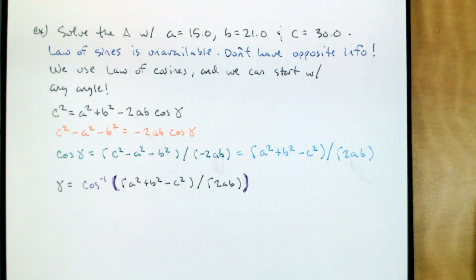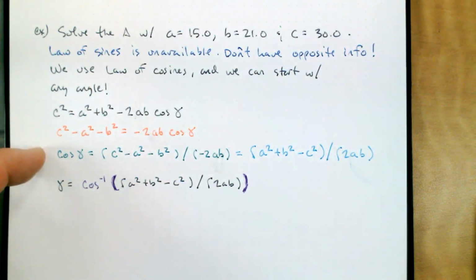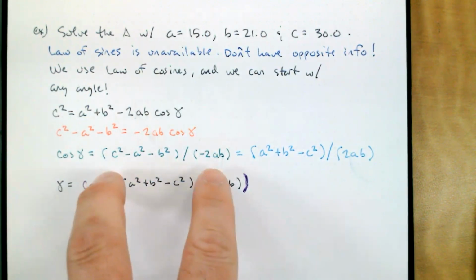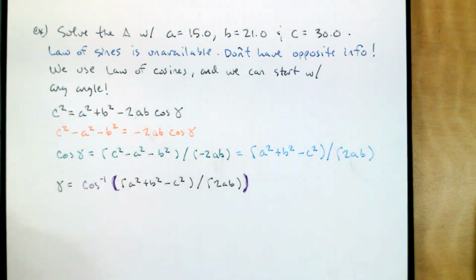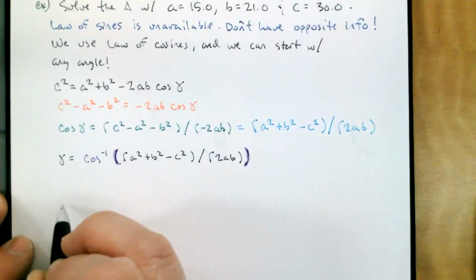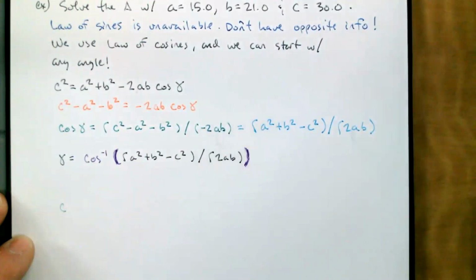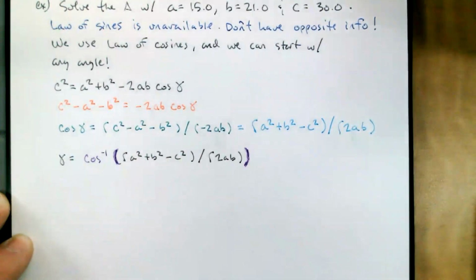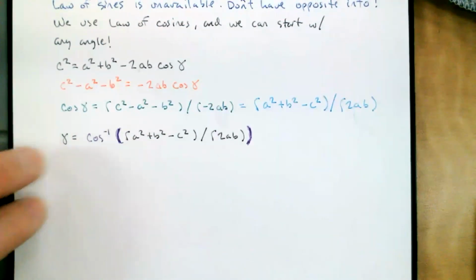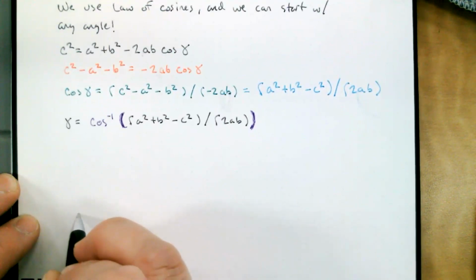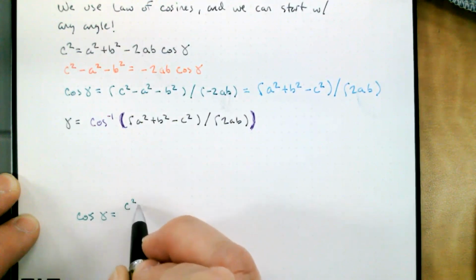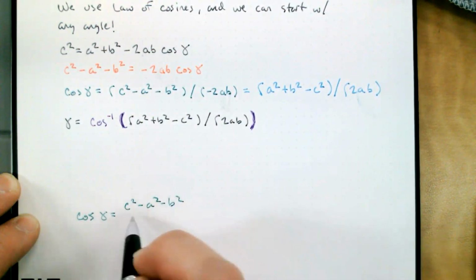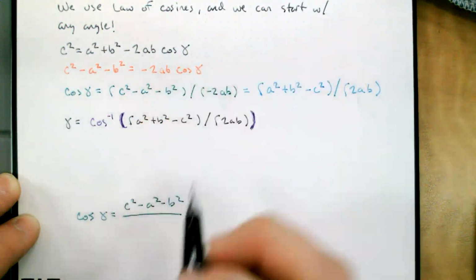Any questions? So the first, the green part, I just divided by the minus 2ab. So another way that this might appear, I have the cosine of gamma is c squared minus a squared minus b squared, and we divided by the minus 2ab.